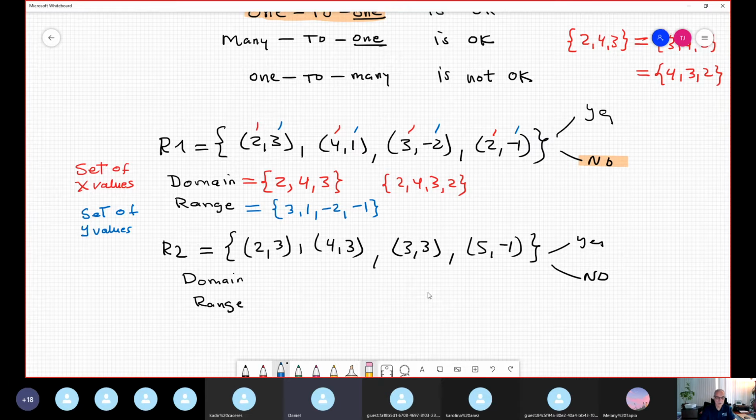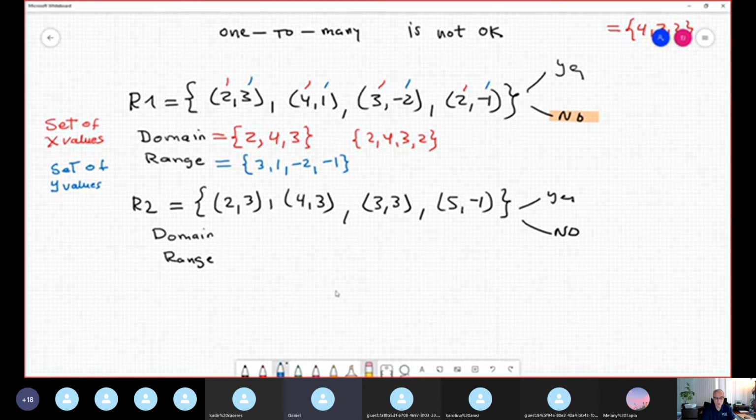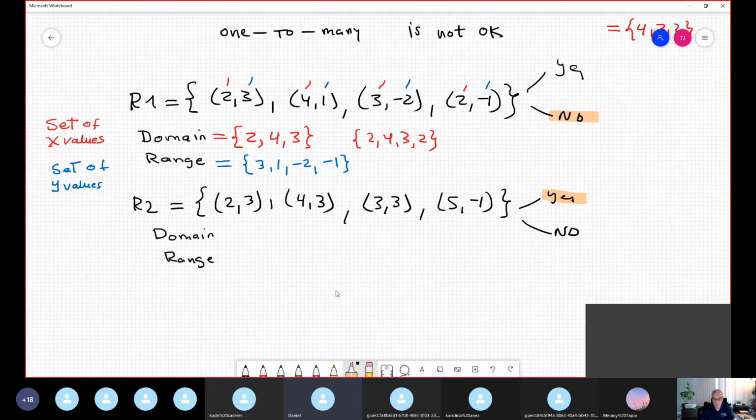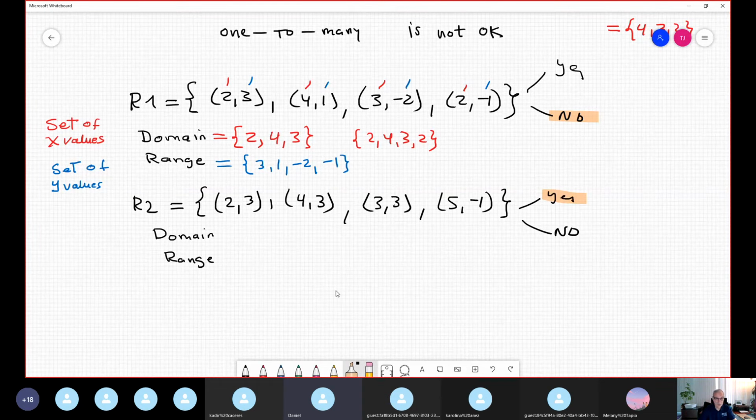Who helped me with the second relation? It's a function, yes or no? The second. Yes. She said yes. It's a function. Good, very good. Now, I agree with you 100%. And the domain is, let me see, 2, 4, 3, 5.